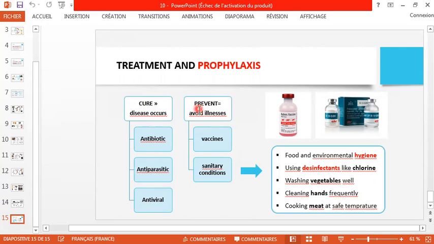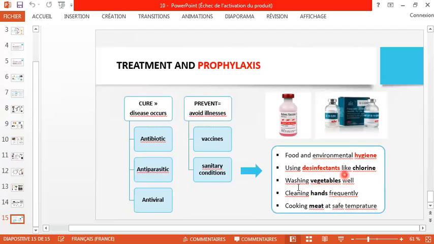But for prevention, it is to avoid illness, it is to not get ill. We have mainly two methods. Okay, we have the chemical method by using vaccines, and we have sanitary conditions to be respected, and here it is the hygiene or sanitary method. So as an example, we have to respect food and environmental hygiene. We have to use disinfectant like chlorine, l'eau de javel.